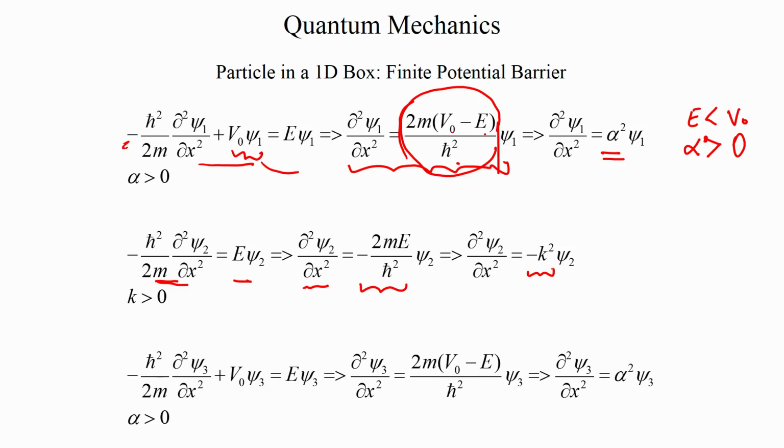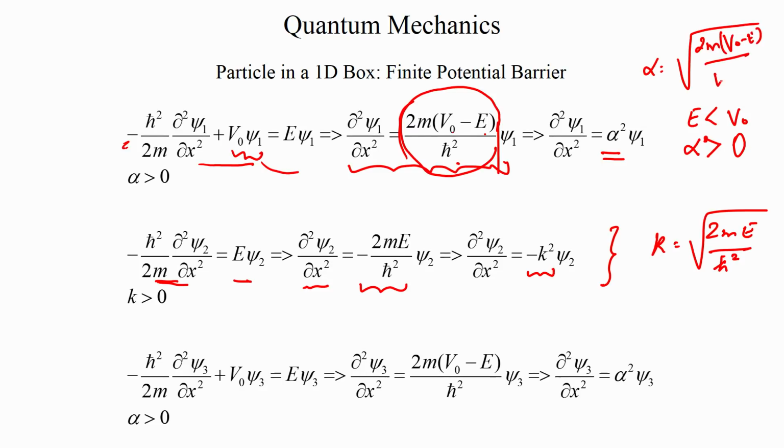This is similar to what we have done before; I am just trying to bring in consistency between the way we represent these equations. So, we have minus k square where k again is greater than 0. My k will be square root of 2m E by h bar square, and in this case my alpha is square root of 2m times V naught minus E by h bar square.